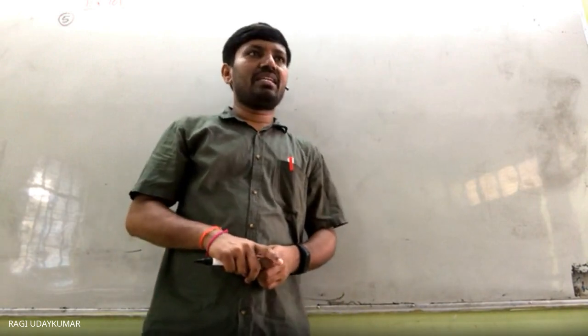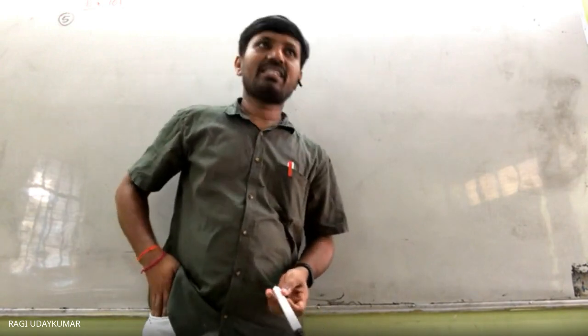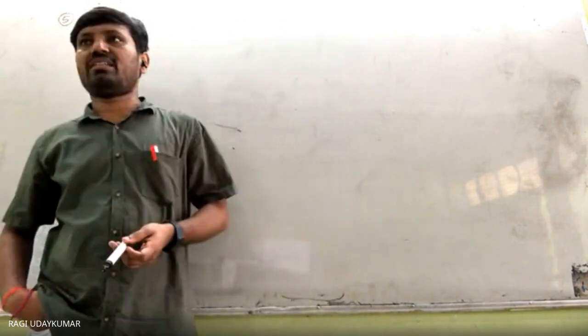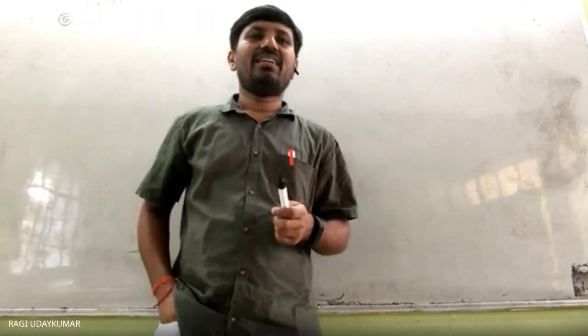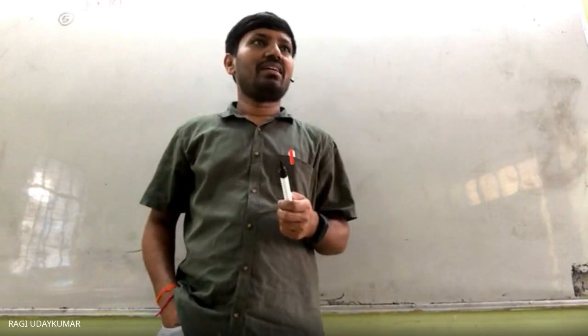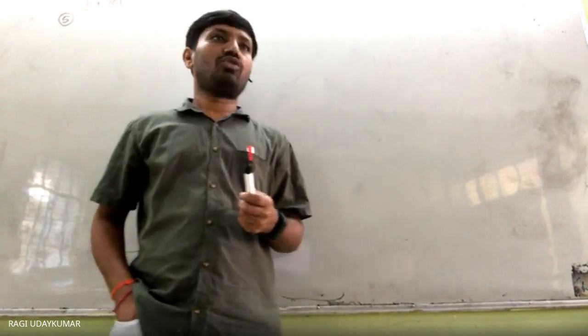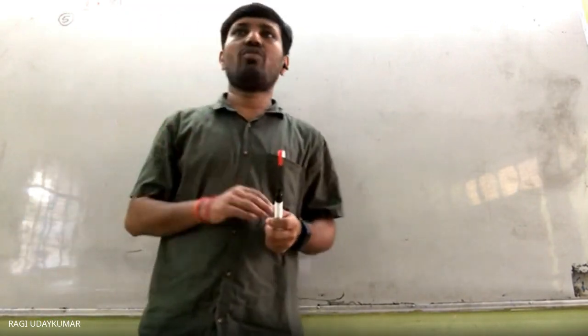Line can be represented algebraically in what way? Yes, linear equation in two variables. A linear equation in two variables is represented as ax plus by plus c equal to 0, where a square plus b square should not be equal to 0 and a, b, c are real numbers. This is a condition you are going to have.